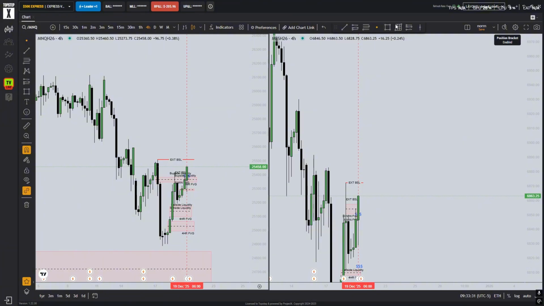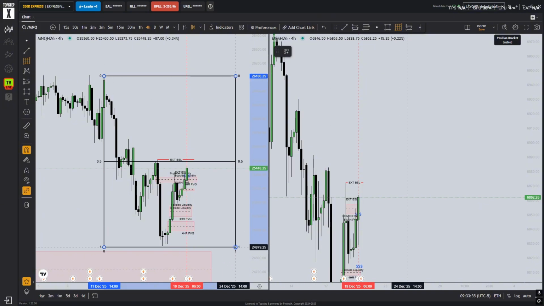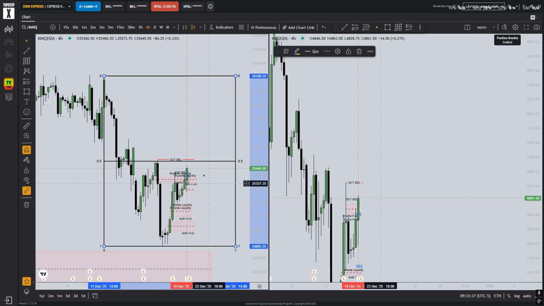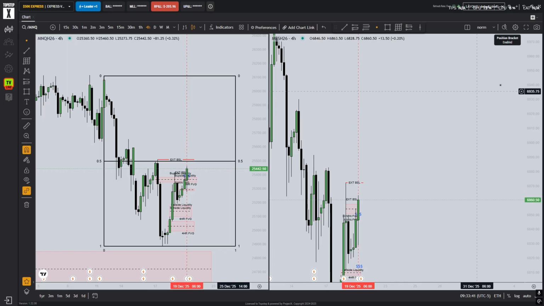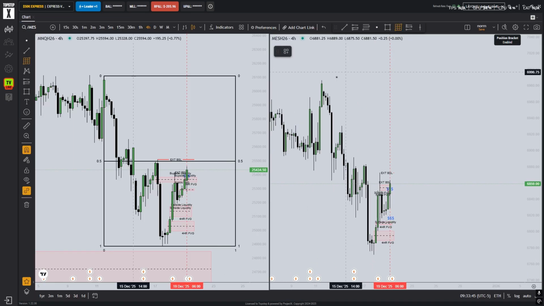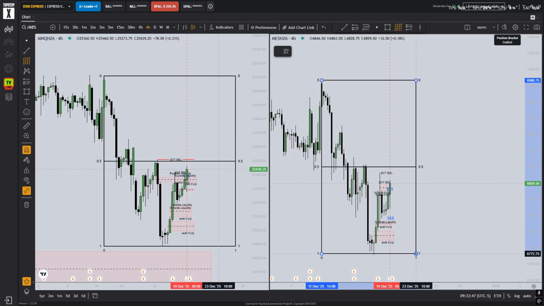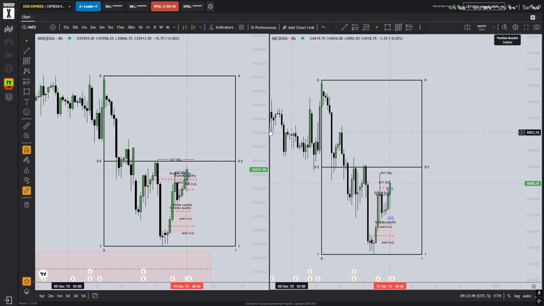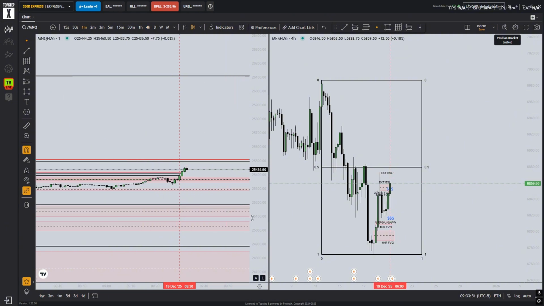It looks like we could possibly come back up at least to meet this 50% mark of the range, which is very ideal. It's very ideal. So from there, that could also be a turning point.